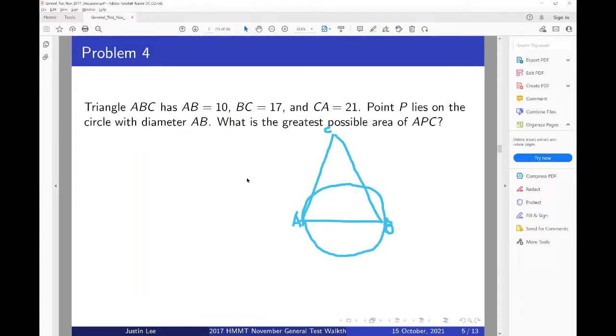So first of all, how does the area change as P changes for P on the circle? You can think of this as, say, a locus. In general, in geometry, a useful method of thinking is to coordinate bash this.